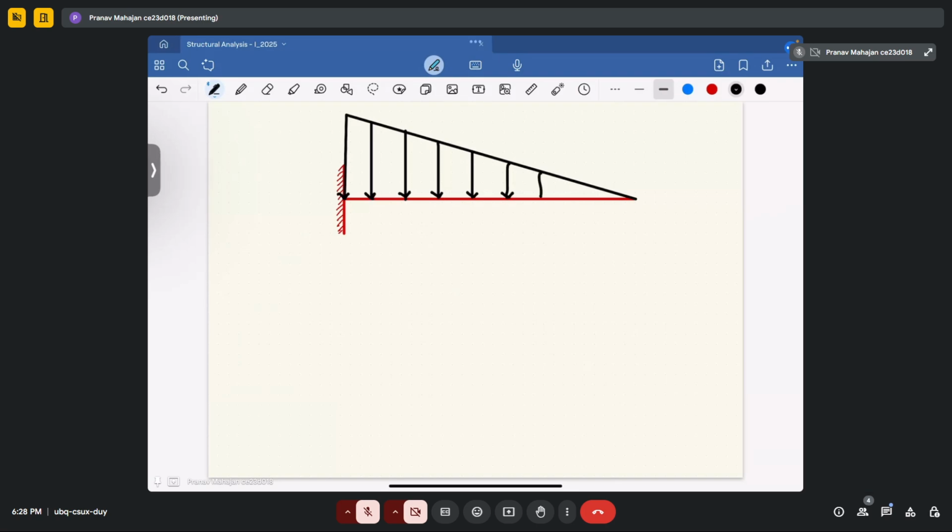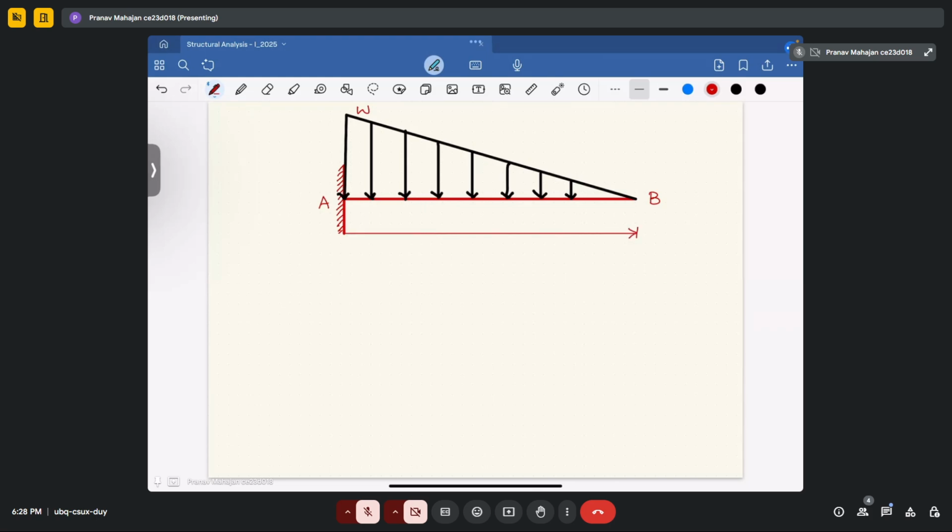Now, after providing this uniformly varying load, your beam has now become statically determinate after removal of the roller support from the free end B. Okay. So let's say your load is W and your total length is L.